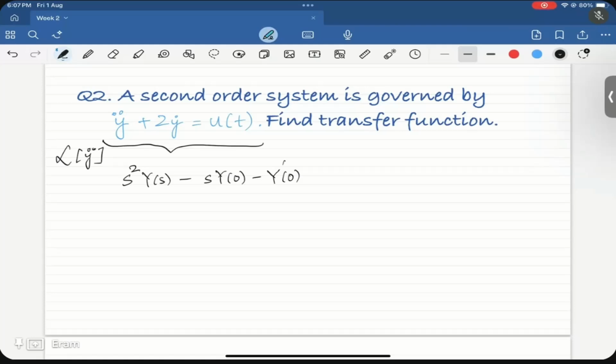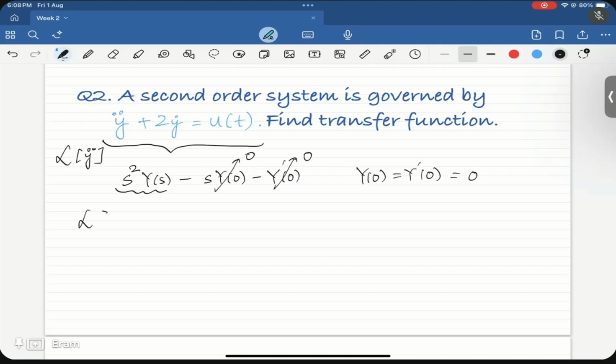Now while deriving the transfer function, there is one extra condition that we have to take care of. What is that condition? The response is calculated with zero initial condition. So if we consider y(0) and y dash 0 both as 0, in that case these two terms have no effect. So the Laplace transform of y double dot will be just s squared Y(s).